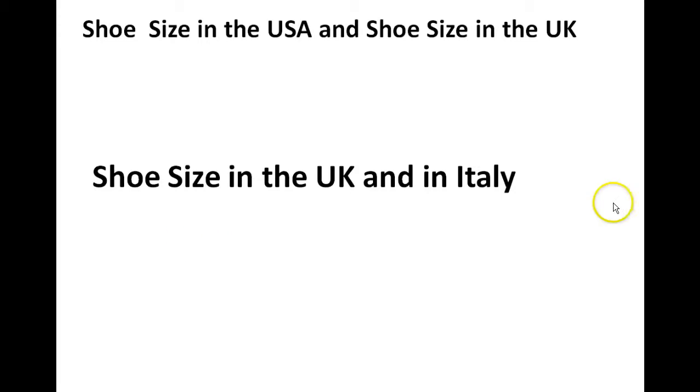So what we're going to do here is take a look at the example they give us in our textbook. Now they say in the United States, the shoe size, let's say for a female, and the shoe size in the UK has a certain relationship to it.